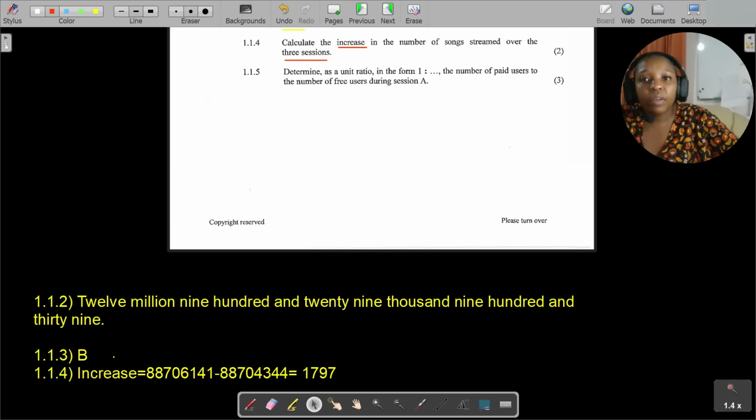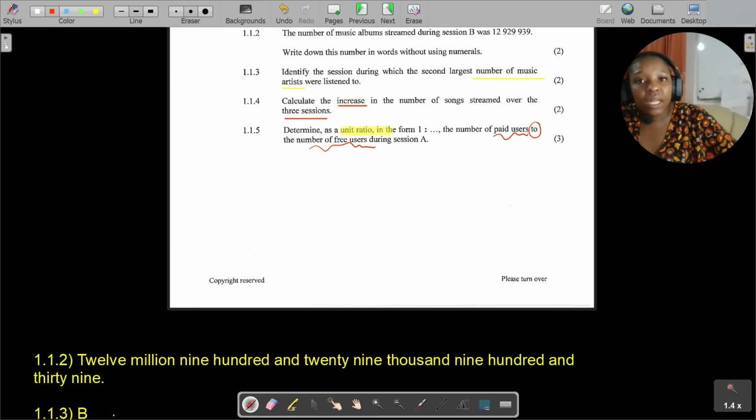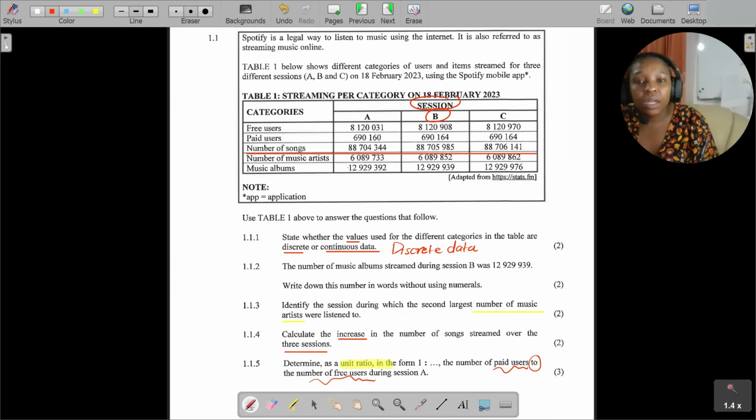Question 1.1.5 says determine as a unit ratio. Okay, so there it is there. If they want us to determine as a unit ratio, okay, in the form of 1 is to something, the number of paid users to the number of free users during session A. That means that we're going to be focusing on session A, the free users and the paid users.